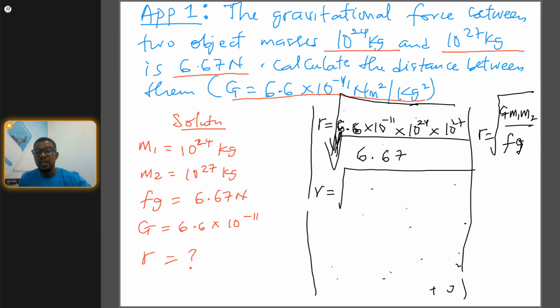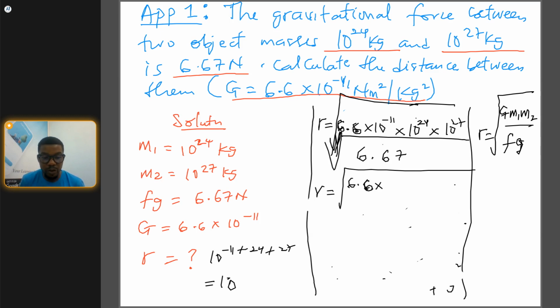So R equals to, we need to simplify this. If you multiply this all through, let's have 6.6 separate. Now let's deal with the index form from the law of indices that you understand. 10 raised to power minus 11 times 10 raised to power 24 times 10 raised to power 27 means we add the powers: minus 11 plus 24 plus 27.